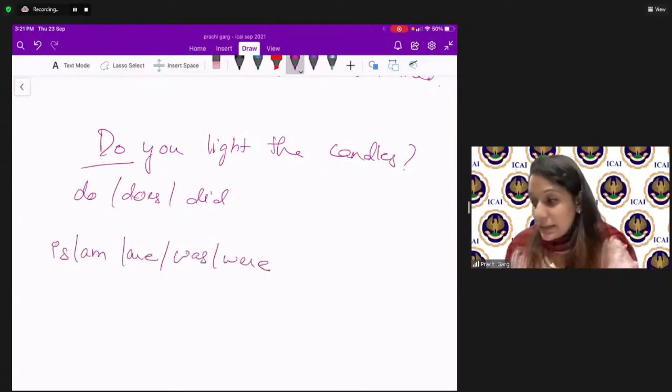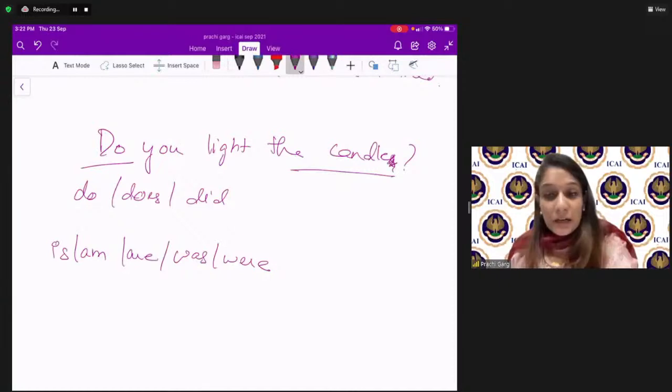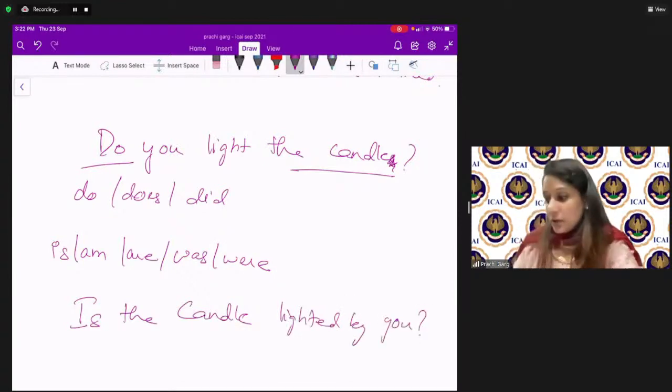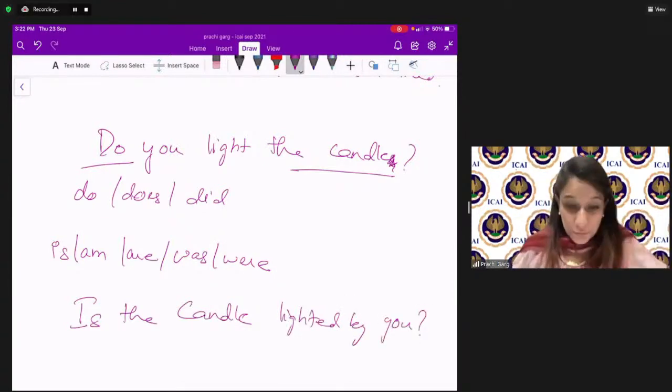Now, "Do you light the candle?" Here, the candle will become the subject. So, "Is the candle lighted by you?" Okay, is the candle lighted by you? Right?